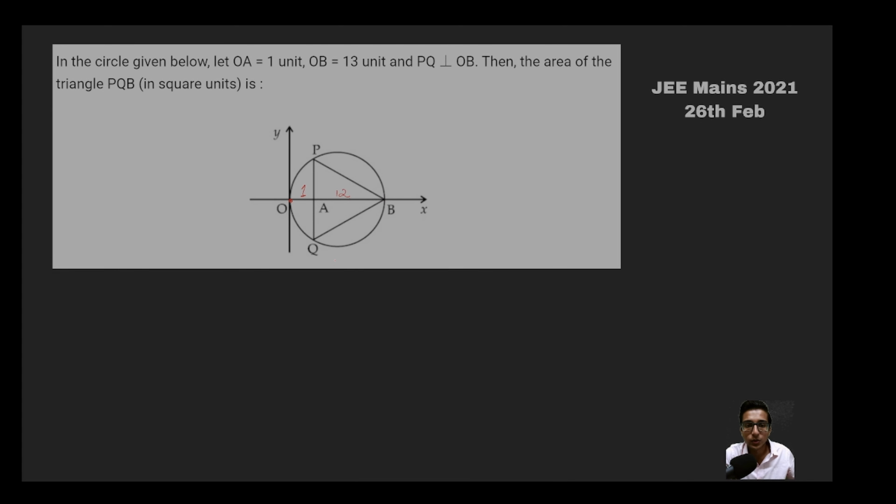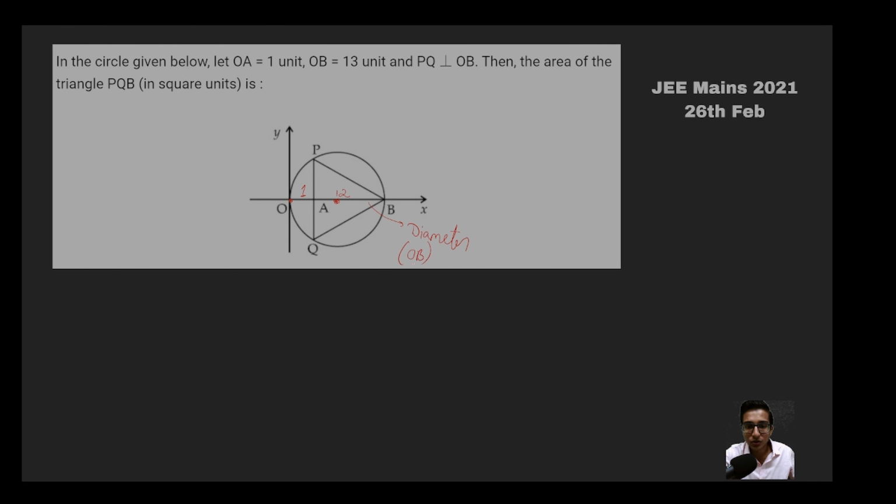So we can write it this way. And they have told us that PQ is perpendicular to OB. First of all, we know that OB is one of the diameters. And why is OB a diameter? Because the circle is touching the y-axis. If the circle is touching the y-axis, that means the center would be lying somewhere here on the x-axis. That means OB becomes our diameter.